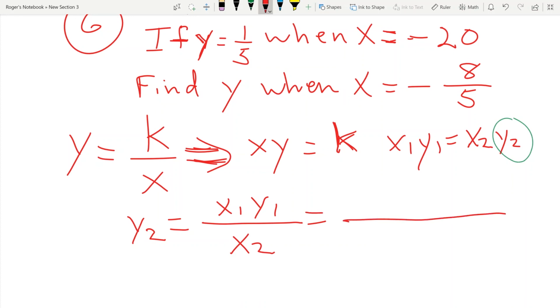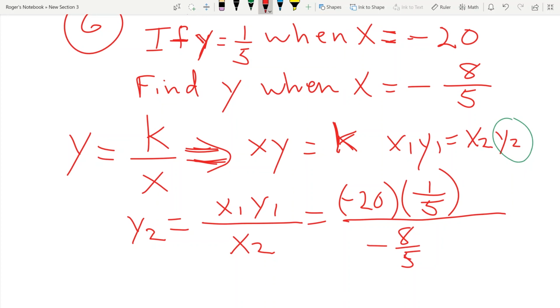Which will be equal to, what is x1? Negative 20, times y1, 1/5, divided by x2, which is negative 8/5. So let's do the top, and then we'll do the bottom.